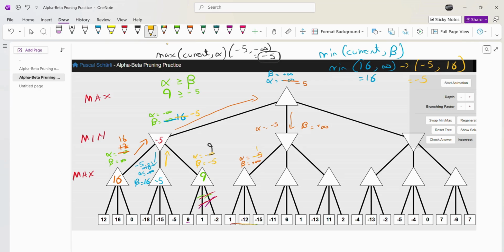Here we have alpha as 1 and beta as positive infinity. Since nothing is larger than positive infinity, we cannot prune them. Next we check minus 12. Is minus 12 greater or 1? It's 1. And then minus 15 or 1? It is 1. So the value for the node ends up being 1.